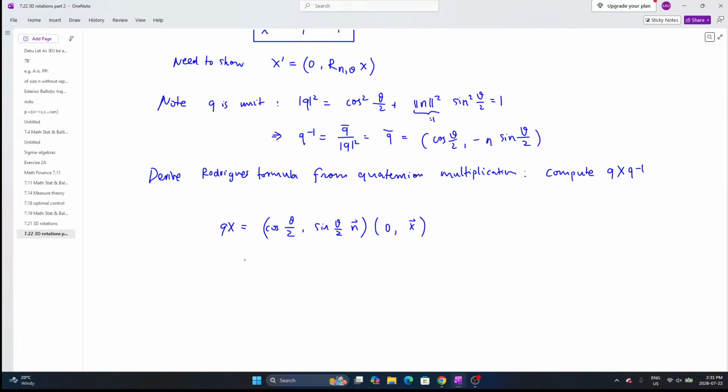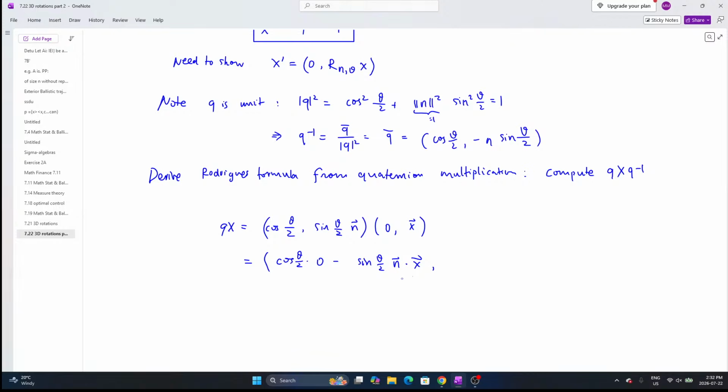Let's use the formula. So the real part, or the scalar part, is cosine half theta times 0 minus the dot product. So the dot product gives you sine of half theta n dot with x. That's the scalar part.